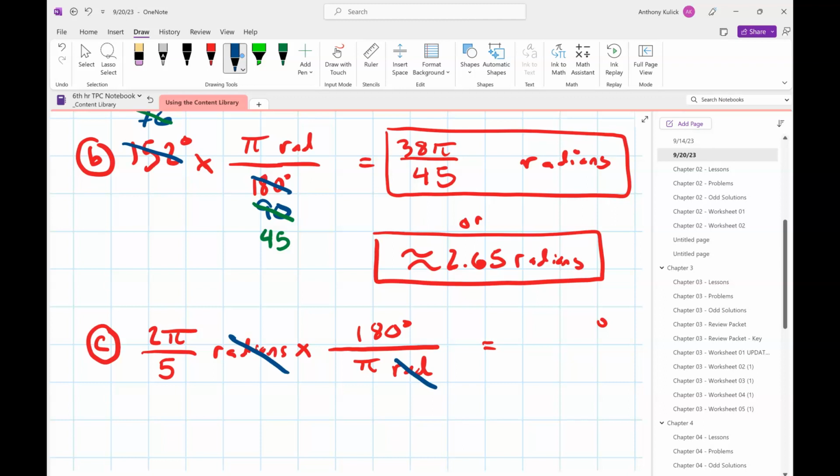I'm going to notice that between the 5 and the 180, those go in evenly, right? How many times does 5 go into 180? More than 13. How about 18? No, that's not right. How about 36?